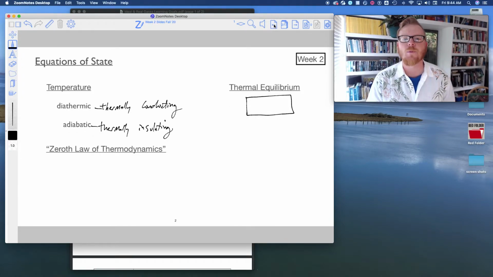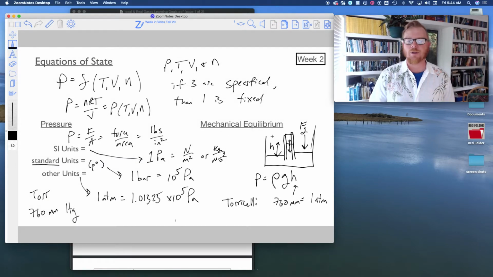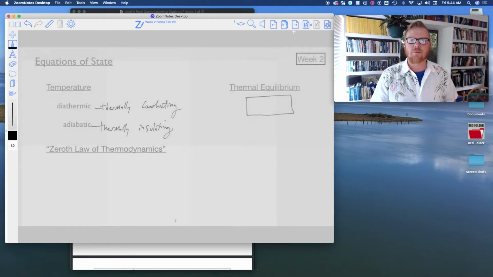If I can exert more force on this, then mechanical equilibrium says this liquid level will have to go up as more force is applied. But if I remove some of that force, if I pump vacuum on this, or there's less atmospheric pressure that day due to some meteorological phenomenon, then the liquid level will go down. Okay, so that's the mechanical equilibrium.